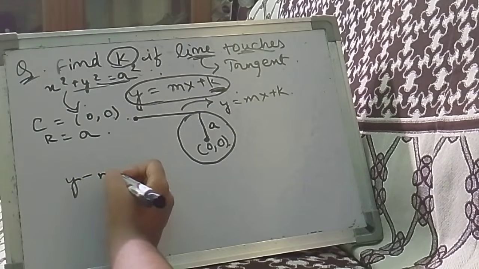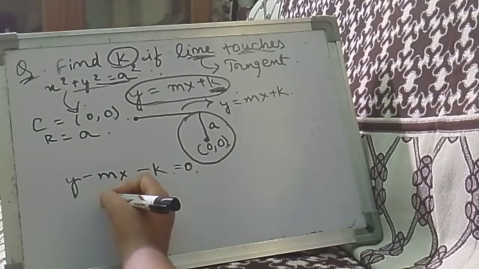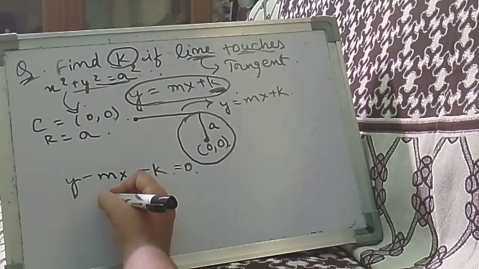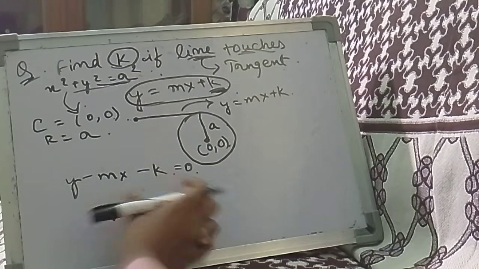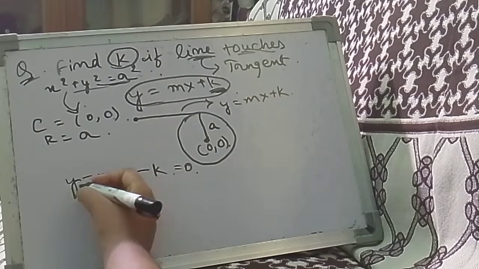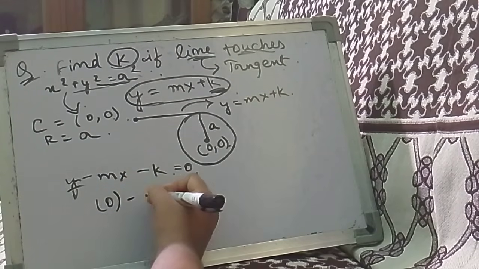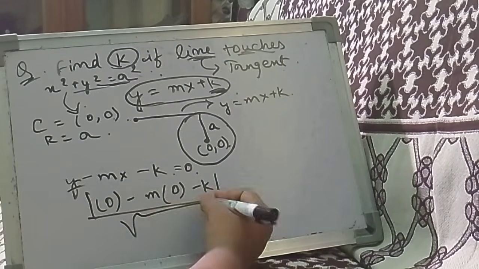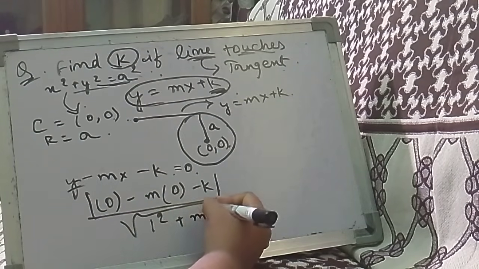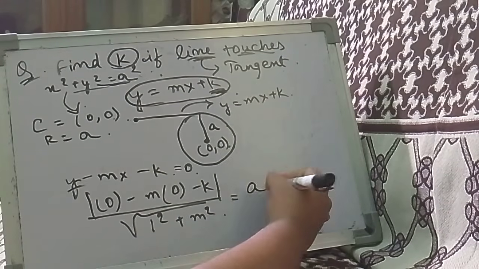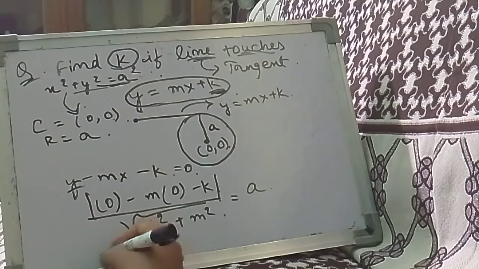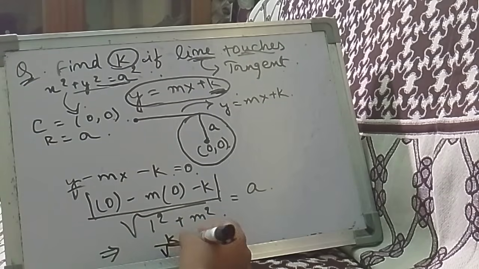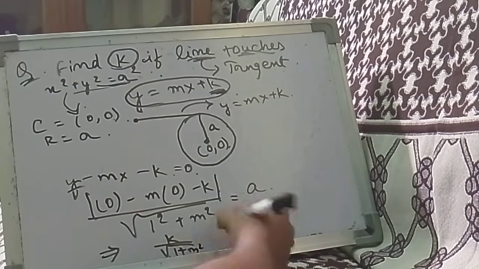y minus mx minus k equals 0. So we can substitute 0 for x and y: the distance is (0 minus m into 0 minus k) under root of (1 square plus m square), equals a. So this becomes k divided by root of (1 plus m square) equals a.